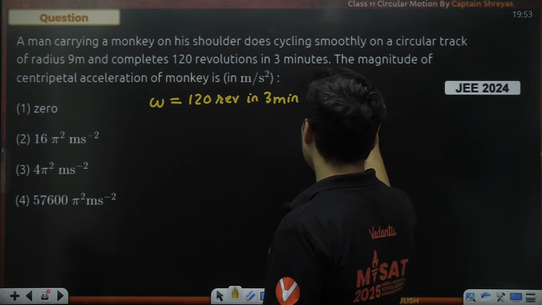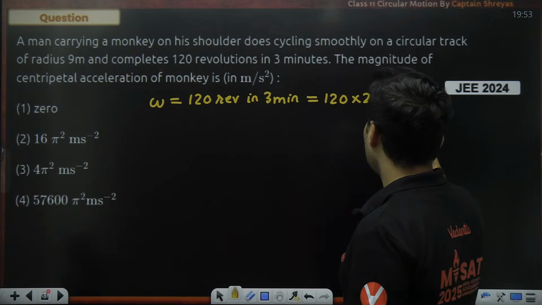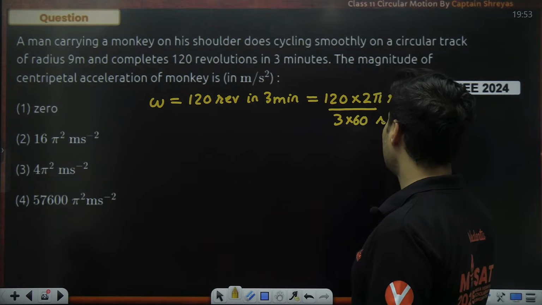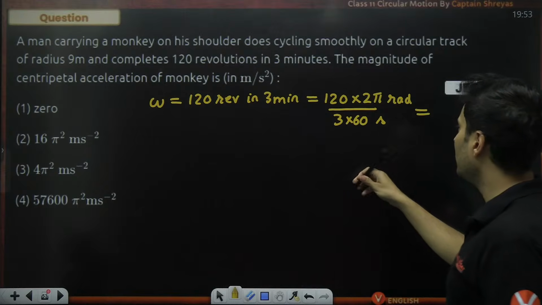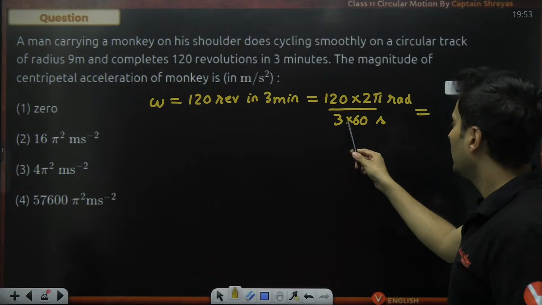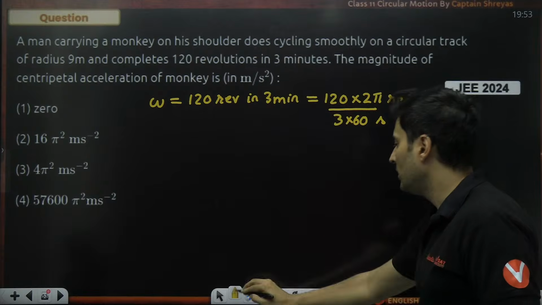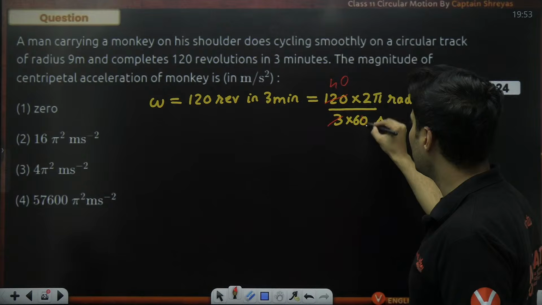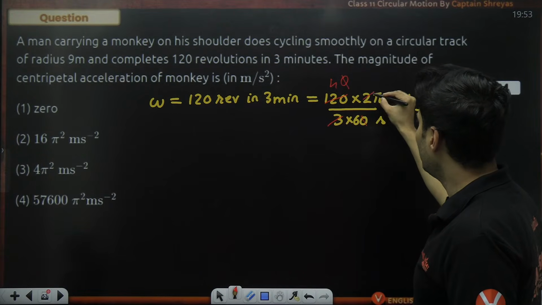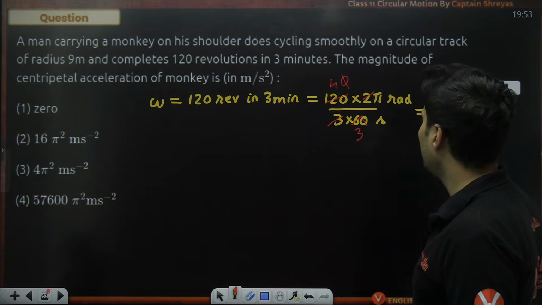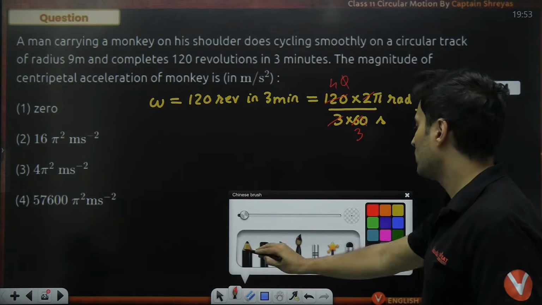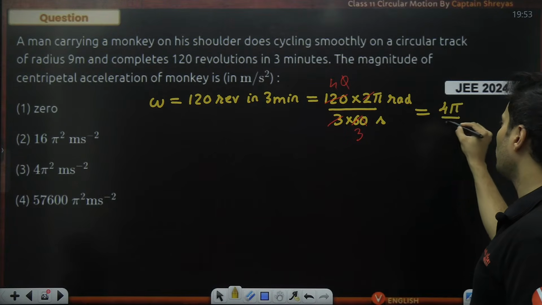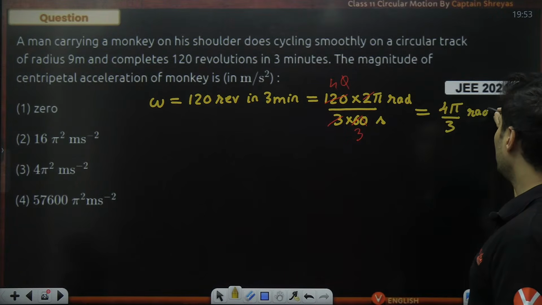That means 120, each revolution is 2 pi radian, and there is 3 minutes, that means 3 into 60 seconds. 3 will go with 120 40 times. 0 and 0 will cancel. 2 will go with this 3 times. Yeah, perfect. So we are left with 4 pi by 3 radian per second.